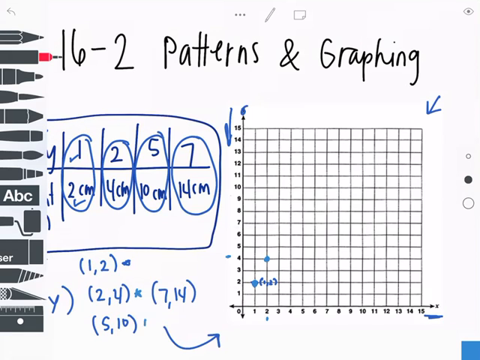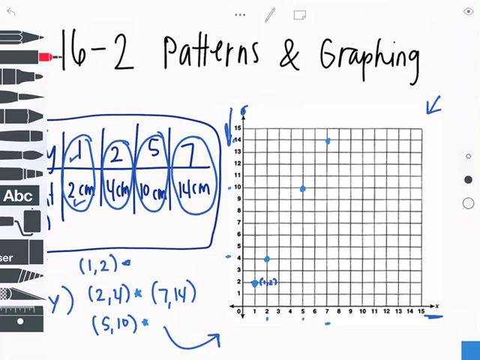Okay, then we have when x is 5, y is 10, and those points, if you follow along, are going to meet here. And then the last one, when x is 7, y is 14, over here, and those points will meet here.